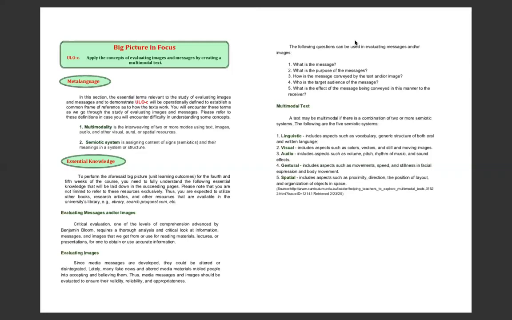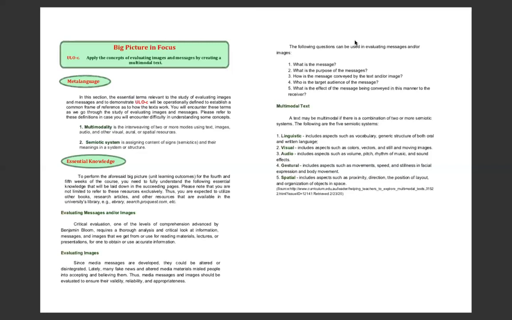Next, let us talk about multimodal. Again, it becomes multimodal if there is already a combination of texts, images, audio, visual, or spatial resources. So a text may be multimodal. Again, do not be confused. Commonly, we understand text as words.